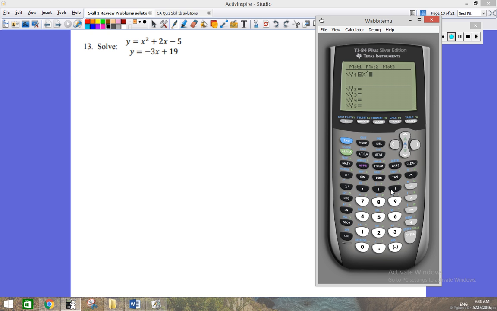X squared plus 2x minus 5 is going to be a parabola that opens upward. This negative 3x plus 19 is a line, and it's going to intersect that parabola probably twice. Okay, I'll have to zoom out to illustrate that.